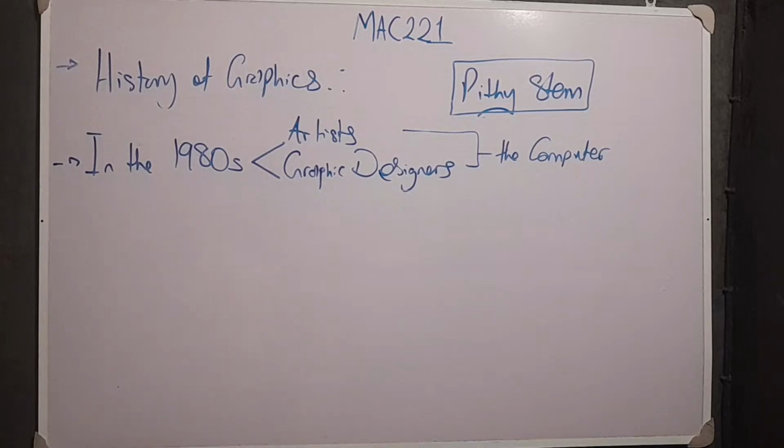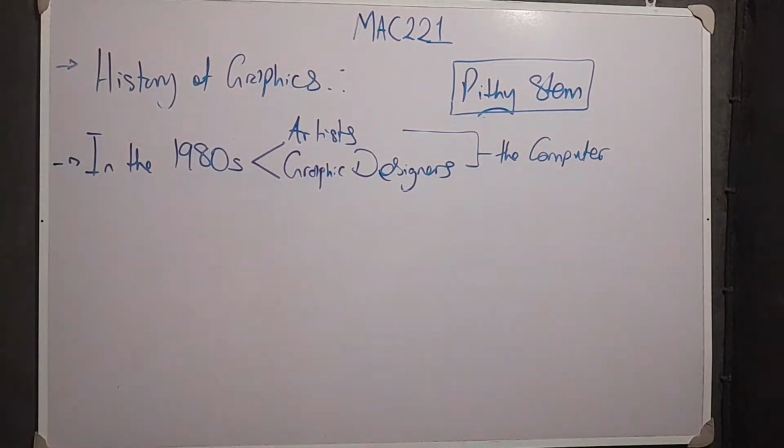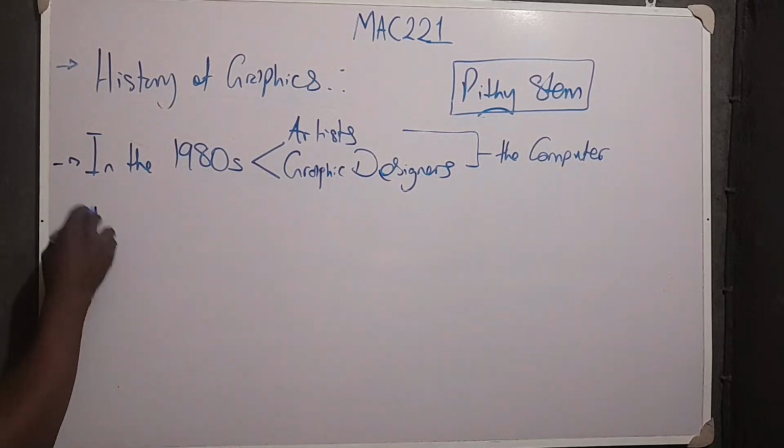In the same 1980s, 3D computer graphics that use what we call SGI, I beg your pardon, the Silicon Graphics International, were introduced. This made the graphics world a total upgrade. But with that being said, let's move straight to the types.